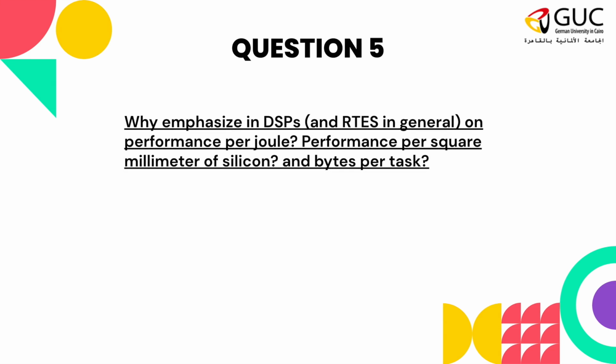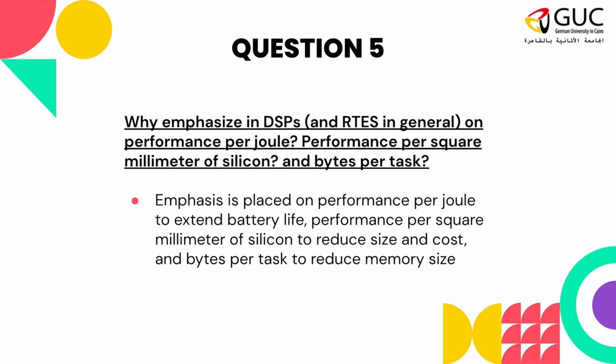So why do we emphasize in DSPs and in real-time embedded systems in general on performance per joule, performance per square millimeter of silicon, and bytes per task? All right, so let's take each one alone. The emphasis is placed on performance per joule to extend the battery life. So actually, as you all know, joule represents the unit of energy.